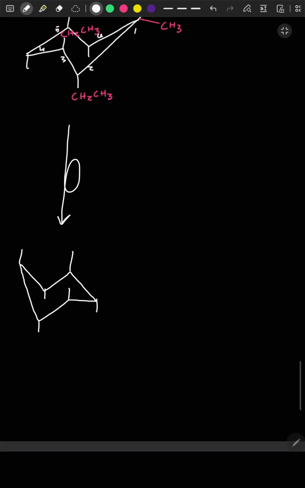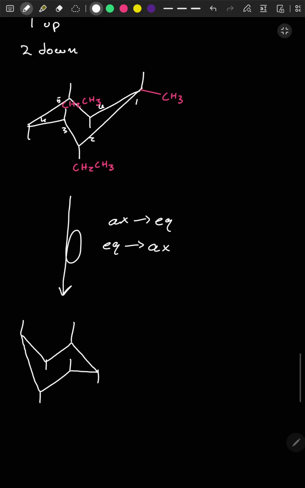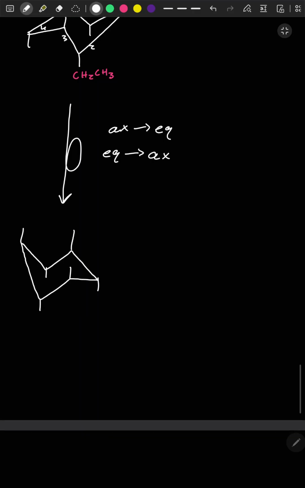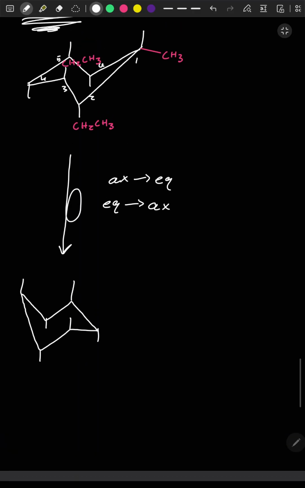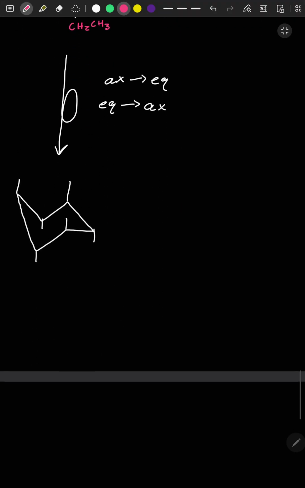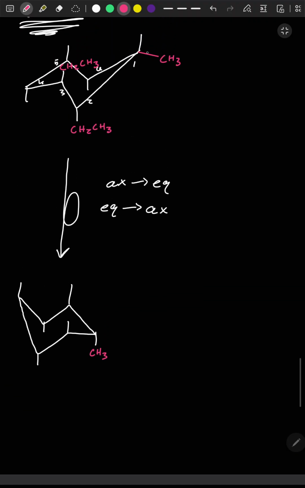So again, axial to equatorial, equatorial to axial, and it should also follow the same thing up here as being down and up. So if our CH3 wants to remain being down, then it'll be on this axial, and let's check to make sure that it flipped. Did it? Yes, because it used to be equatorial, now it's axial.